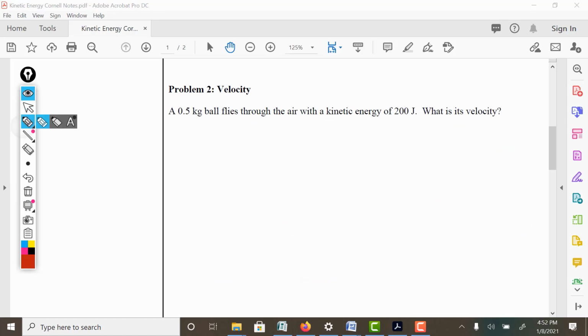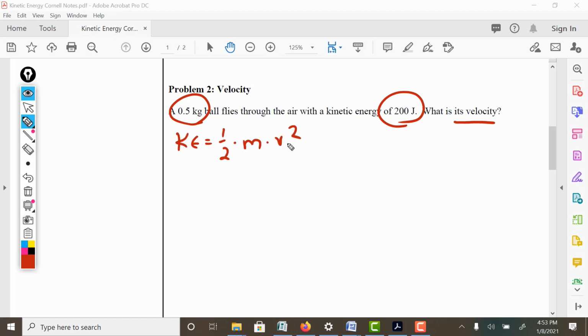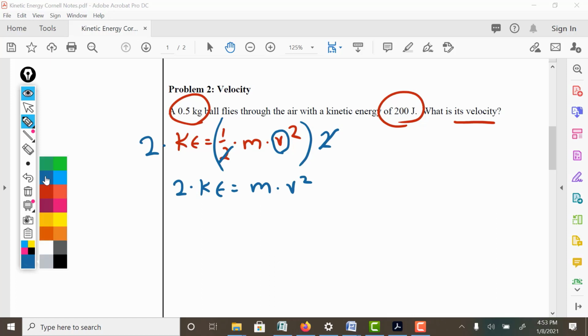Interesting. Let's get a bit more complicated. The velocity. So if I have the mass and I have the energy, let's find the velocity. To do this, we want to get the v by itself. This 1/2 is in the way, so I want to multiply both sides by 2. That's the reciprocal. That gets rid of this 1/2. Now we would divide by the mass.